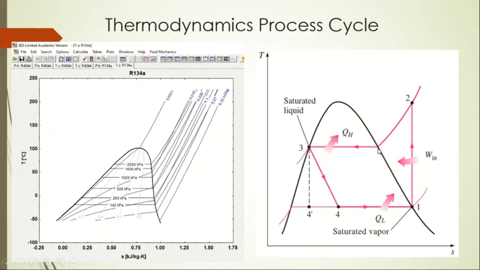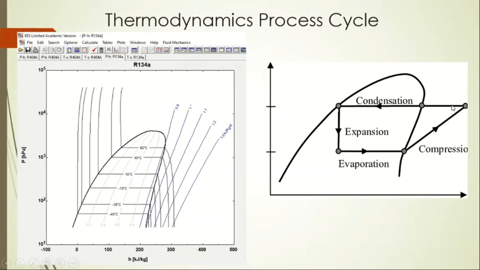After that, latent heat transfer will occur, and it is completely converted into the liquid form. So it's not an isothermal process, although it's a constant pressure process. And the expansion valve is again an isoenthalpic process.